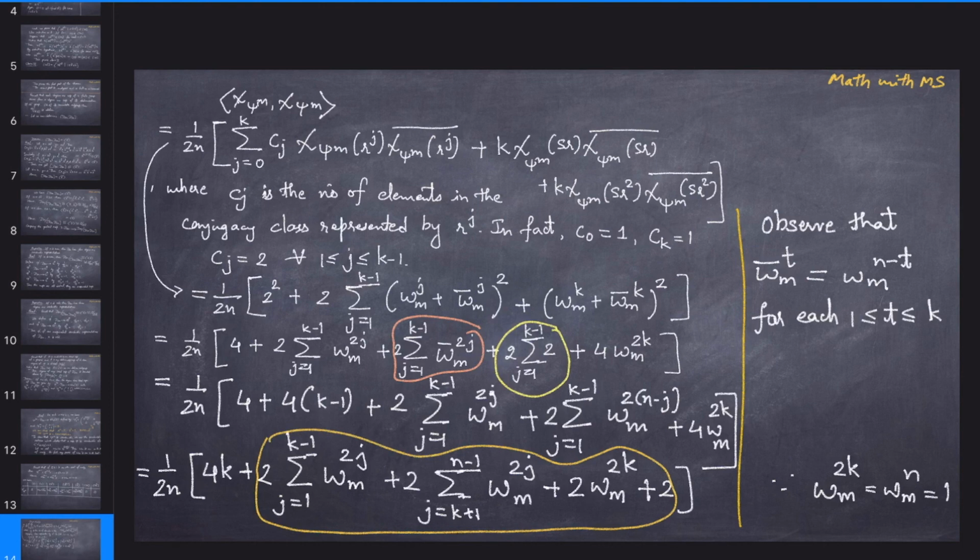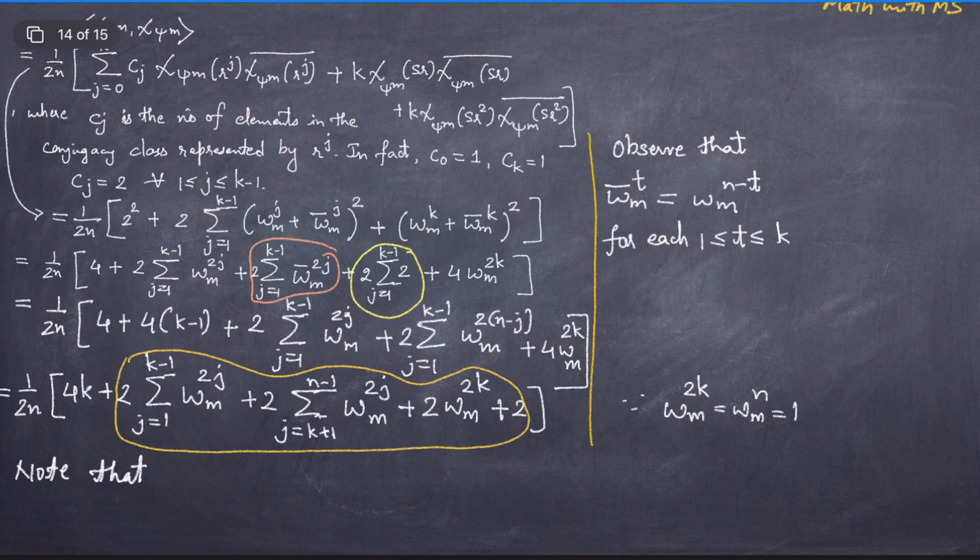Consider this sum. This is simply 2 times the sum of powers of omega m square, where the powers go from 0 to n minus 1, right? And omega m square is also a non-trivial nth root of unity. Therefore, this expression is 0.